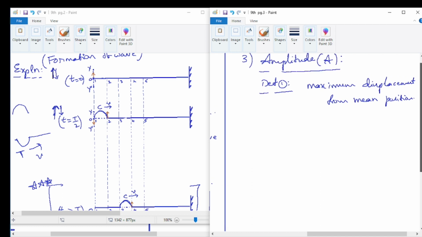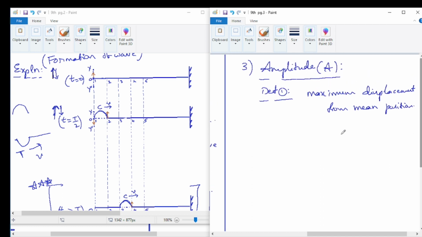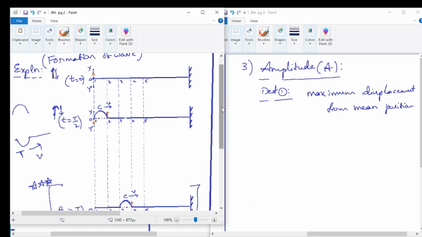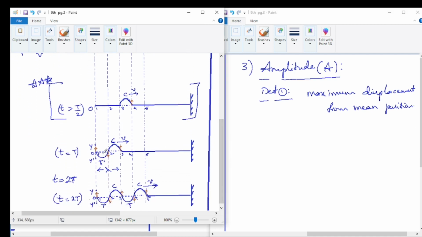Or we can just take the trough also. Just observe here. When the trough is here, the center of the trough is at maximum distance, or maximum displacement, from the mean position.